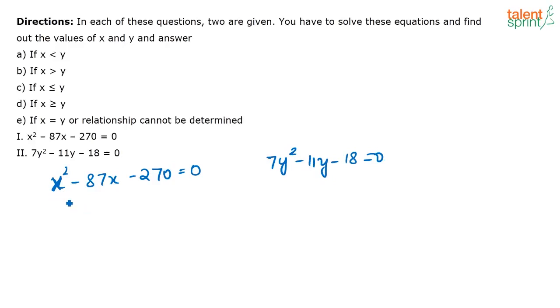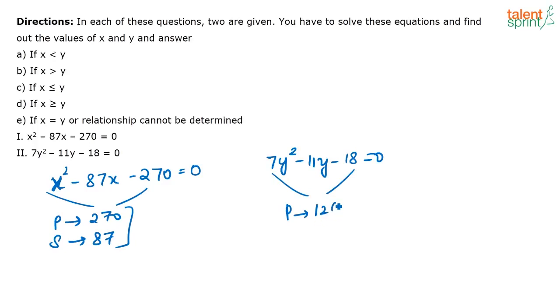So you need to find two numbers whose product is 270 and their sum is 87. Similarly here you have to find two numbers whose product is 18 into 7, that is 126, and their sum is 11. See, the sign method really helps.